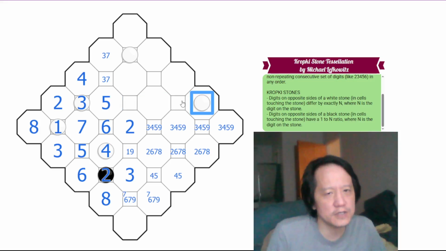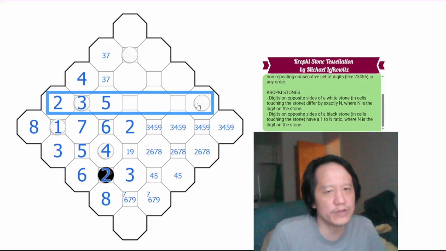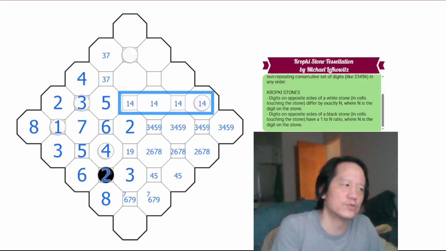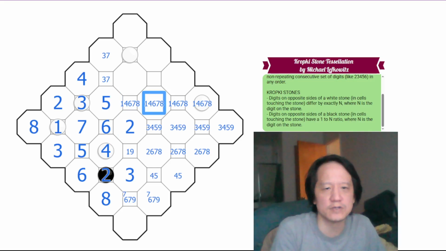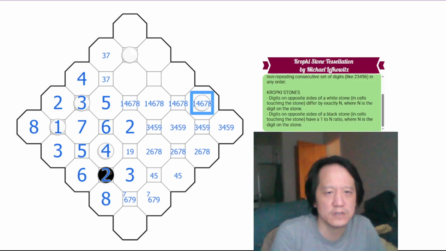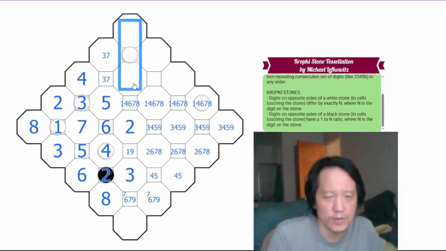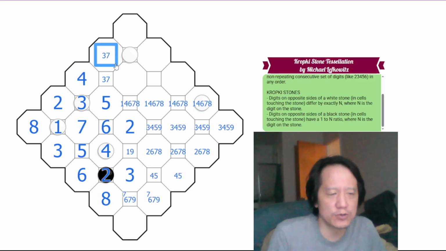Remaining digits here. This is either 1 through 7 or 2 through 8. So we have 1, 4, 6, 7, 8 as possibilities. This is 3 or 7.